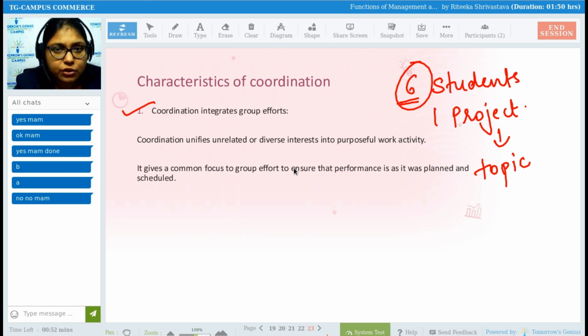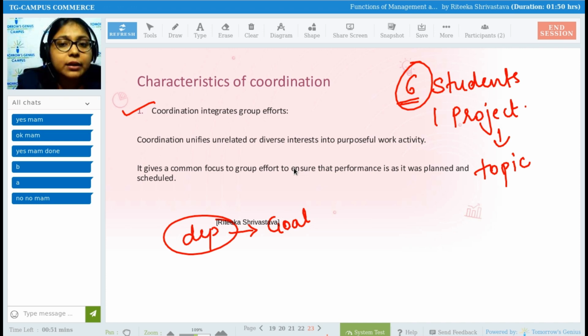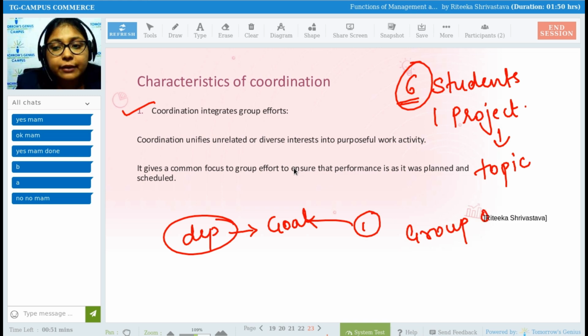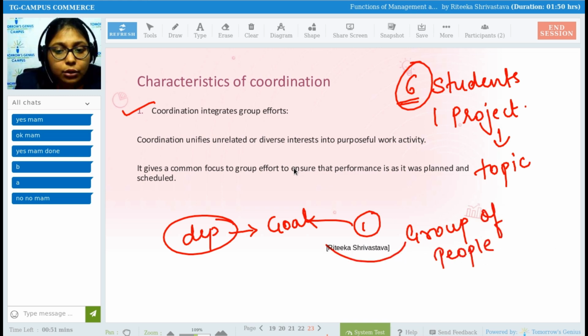Same way in the organization also, all the departments come together and work for the one goal or one objective. This is what group efforts means. We cannot say that only one person has helped in achieving the goal of the organization. It is the group of people who have come together, formed a group and then achieved the goal of the organization.